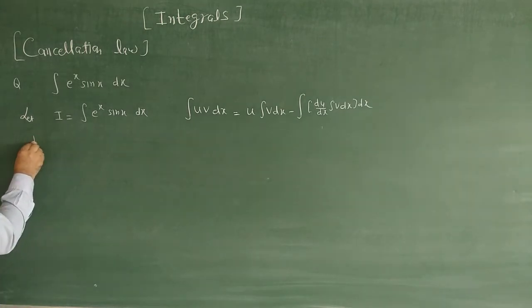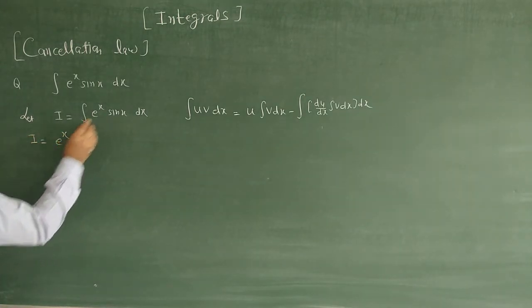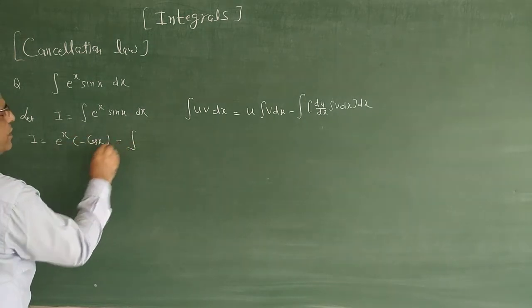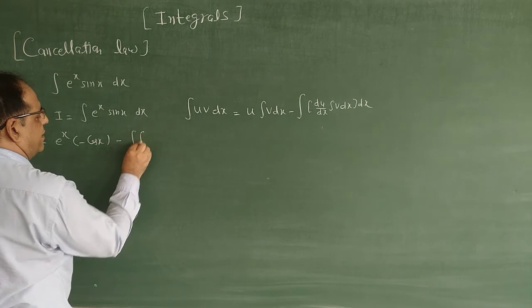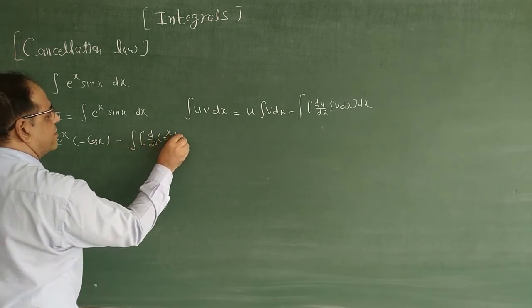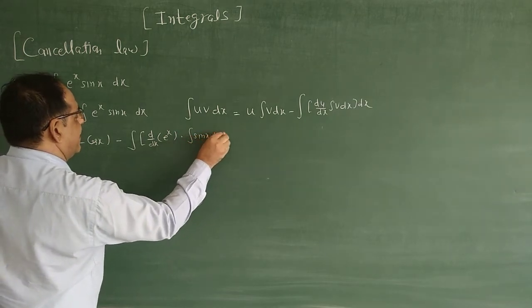So I equals e to the power x times the integral of sin x, which is minus cos x, minus the integral of the differential of e to the power x times the integral of sin x dx.